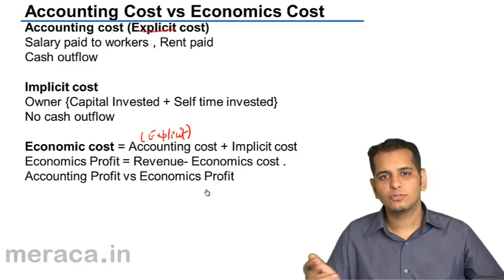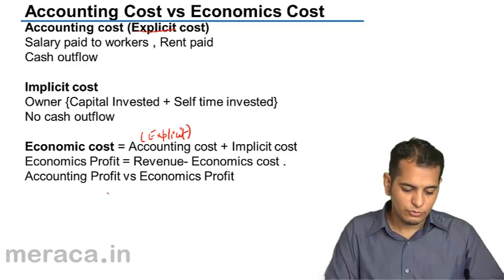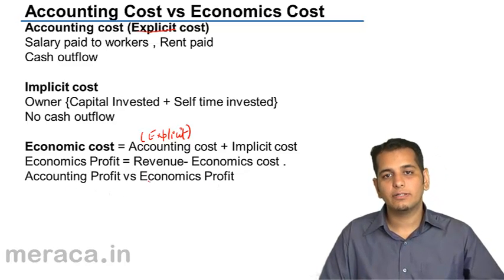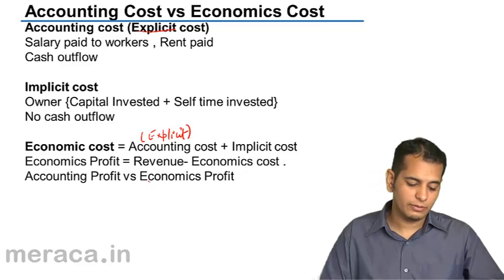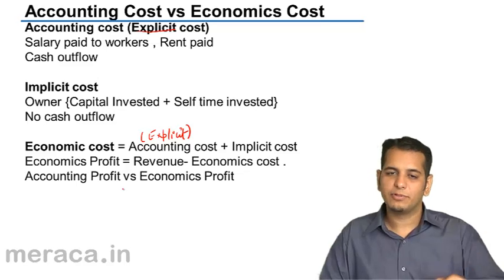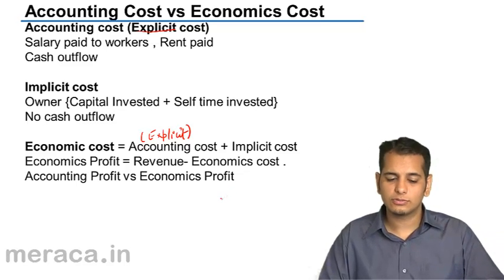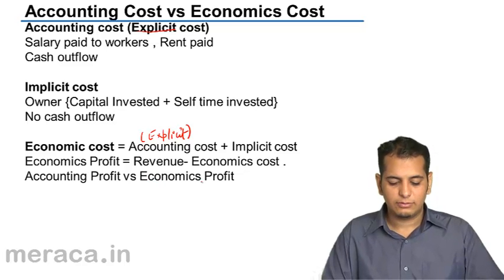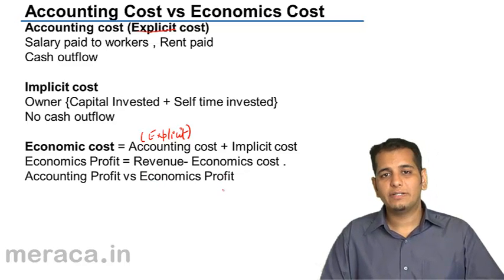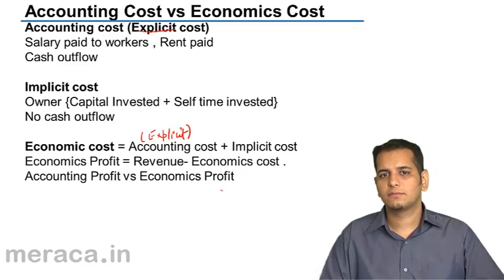And economic cost includes both explicit plus implicit cost. So this is how accounting profit is different from economic profit, because accounting profit ignores the implicit cost. It does not take into account the implicit cost. However, the economic profit takes into account the implicit cost.